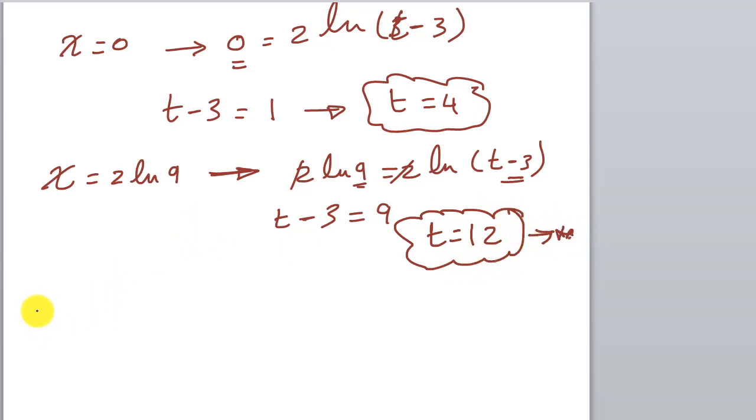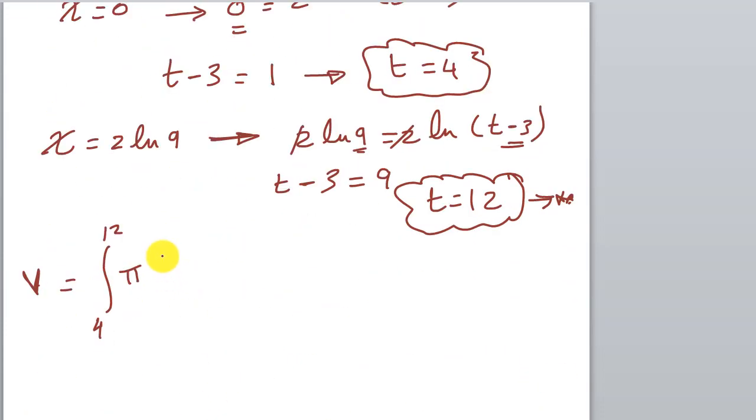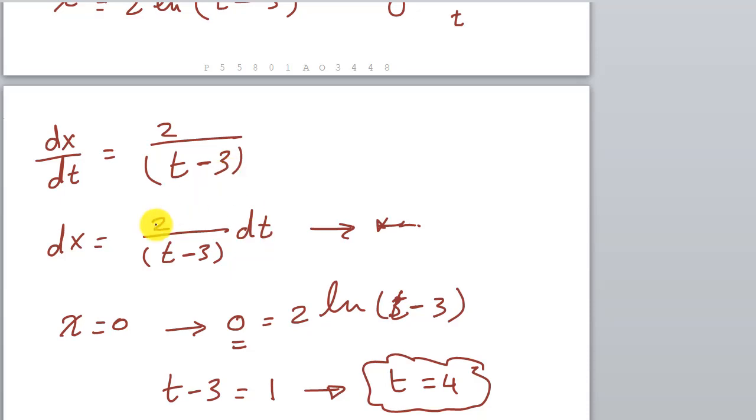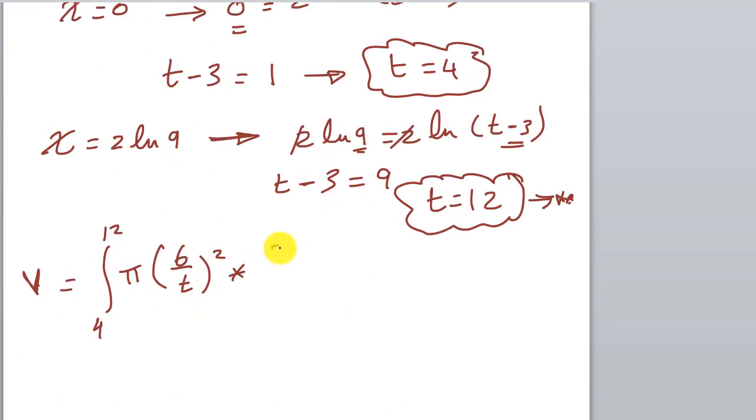So now we can change the volume integration to the integration from 4 to 12 of pi times y squared, where y is equal to 6 divided by t, so (6 divided by t) squared, multiplied by dx. What is dx? dx is 2 divided by (t minus 3) dt.